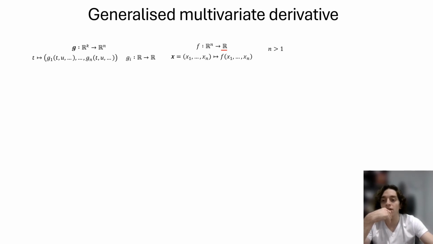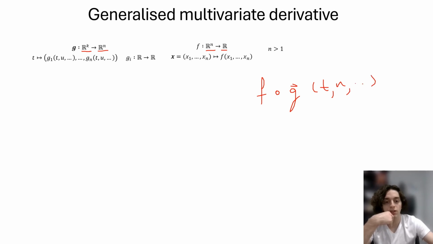So basically, we're mapping g from a vector space in R to another vector space in R, and f from the range of g to a scalar, and we're going to analyze the composition of f composed with g, evaluated at now a vector t, u, whatever, and we're going to have k of these inputs instead of just the single input t.